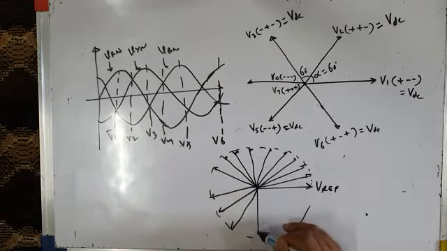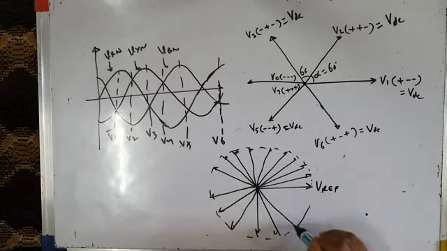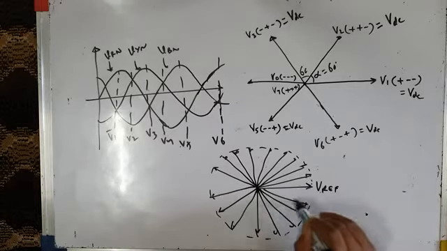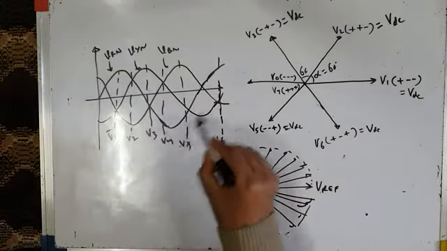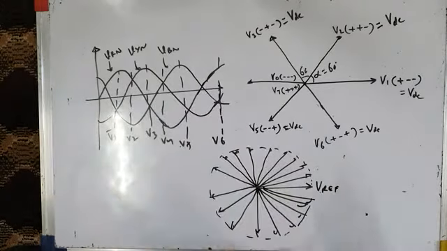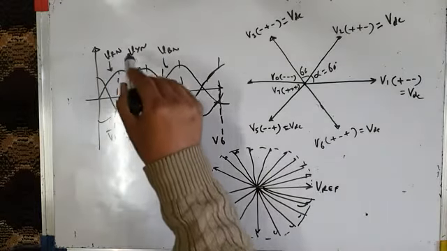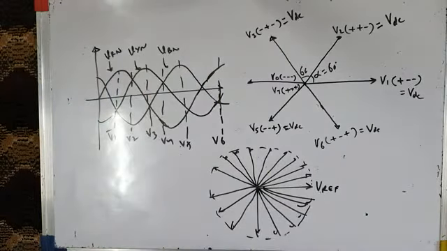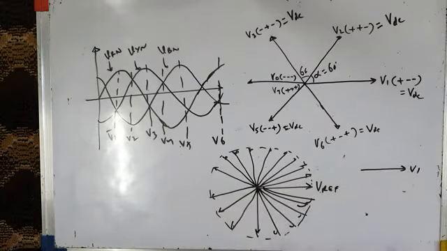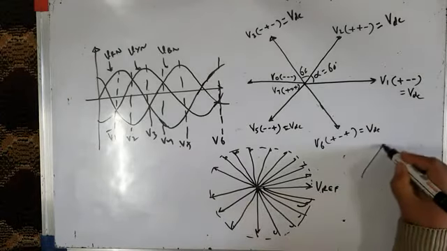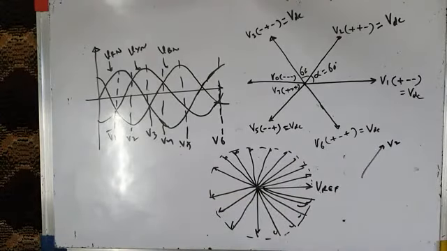It's a rotating reference vector like this. If I am able to generate this rotating reference vector, it will represent a set of 3-phase sinusoidal voltages applied across the load. Our VRN, VYN and VBN will become sinusoidal. For 6-step inverter operation, V1 was applied and it was there for 60 degrees. After 60 degrees, V1 was gone, V2 was applied across the load for 60 degrees.